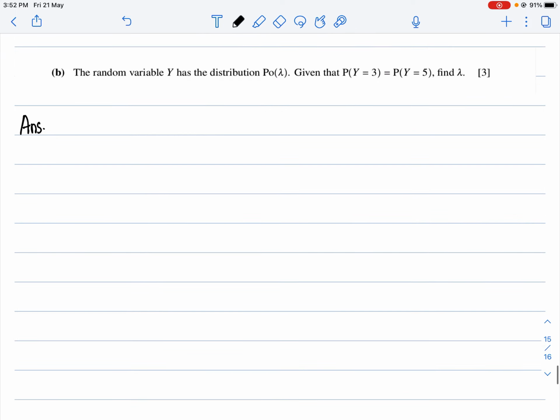Now the random variable Y has a Poisson distribution with some lambda, and I know P of Y equals 3 equals P of Y equals 5. So now I know my formula is e raised to minus lambda into lambda raised to x over x factorial.